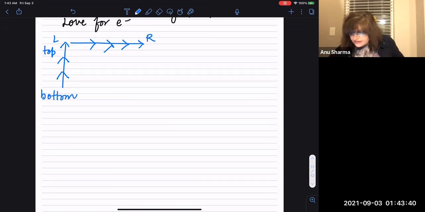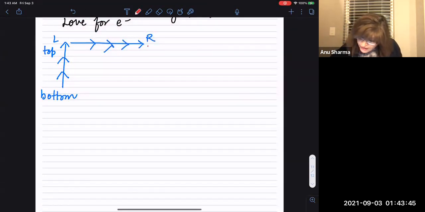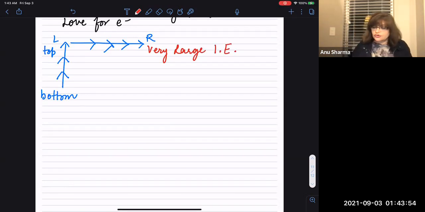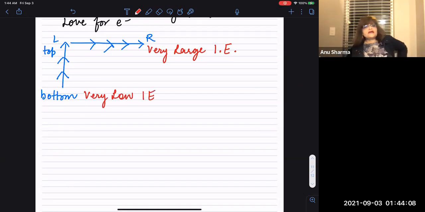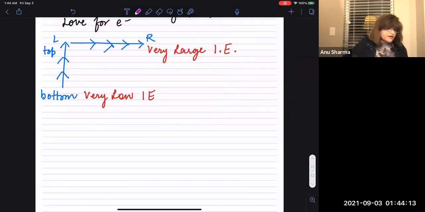This means this atom will have a very large ionization energy. To remove an electron, the amount of energy that you're giving is very large. This one at the bottom will have a very low ionization energy.